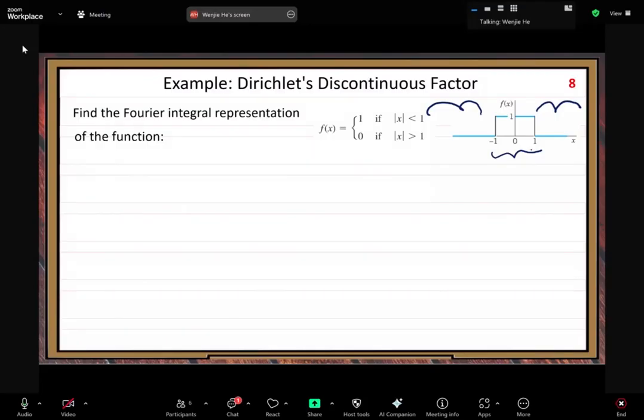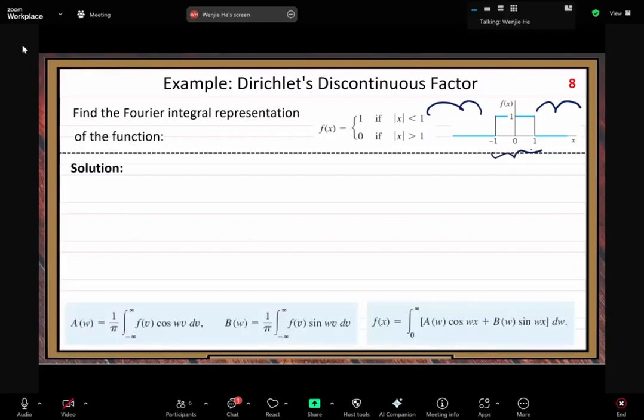After we derive the Fourier integral, we can calculate it for this function. So let's just do the calculation. The calculation is straightforward. Here I copy the formula.